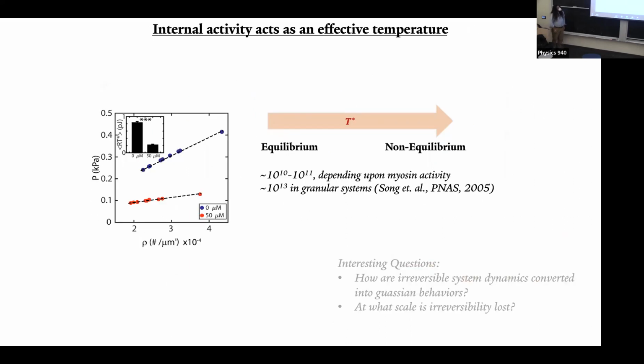But if we were to inhibit myosin molecular motor activity, to your question, again we would get a straight line. It's also defined by a slope, which would suggest a change in effective temperature. And of course, others have gotten similar values.